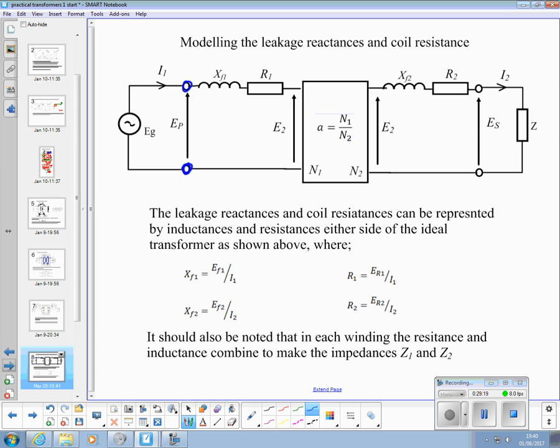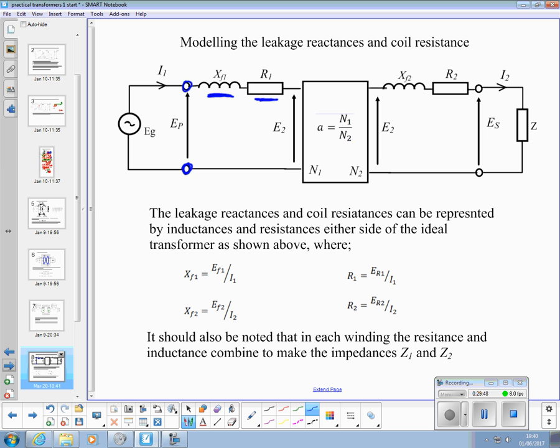This inductor there, XF1, represents the leakage flux in the primary. This resistor here, R1, represents the resistance of the primary windings. So that's representing some heat in the primary windings.